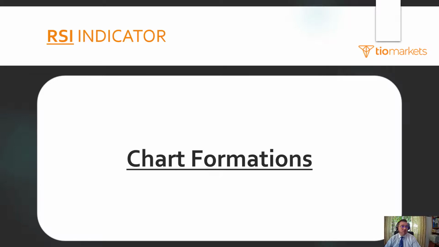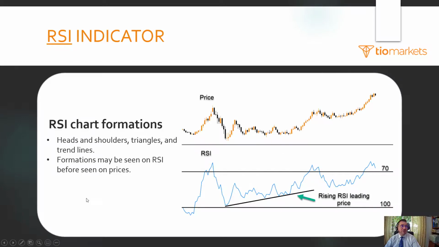Chart formations using RSI. You can see here we drew this dark line, just a simple trend line, and here you can see that prices were flat. They weren't doing anything. You've got a very boring trend line. But if you were using RSI as an indicator, you would see that we were getting higher bottoms during the same period.